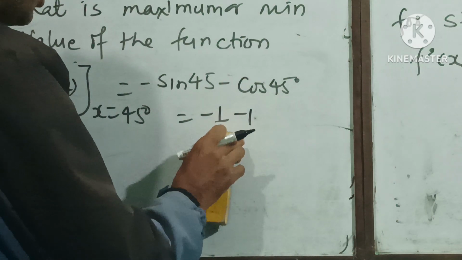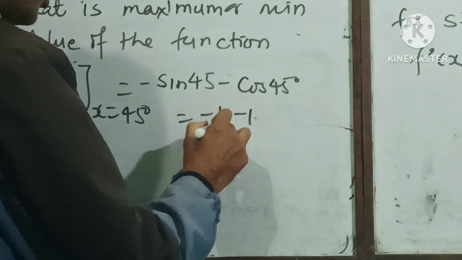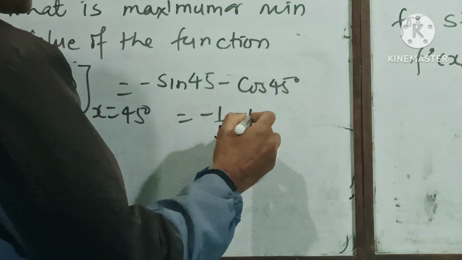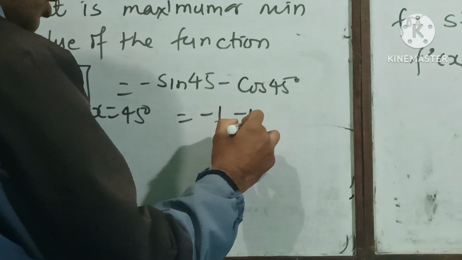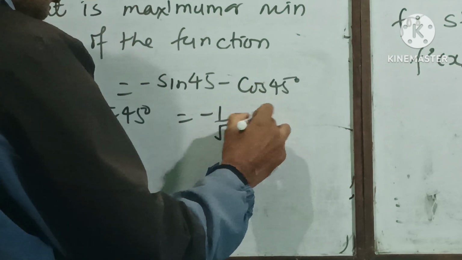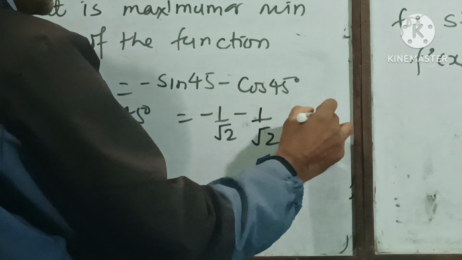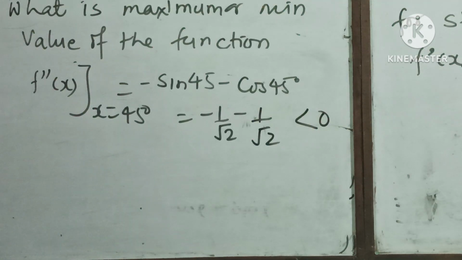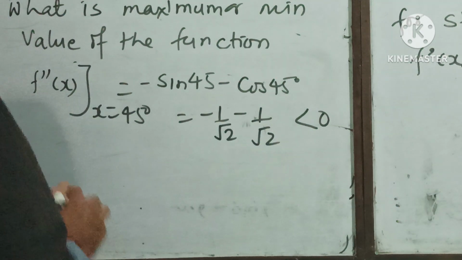Sin 45 is 1 over root 2, and cos 45 is also 1 over root 2. So both are less than 0, so the sum again becomes less than 0, that means negative.